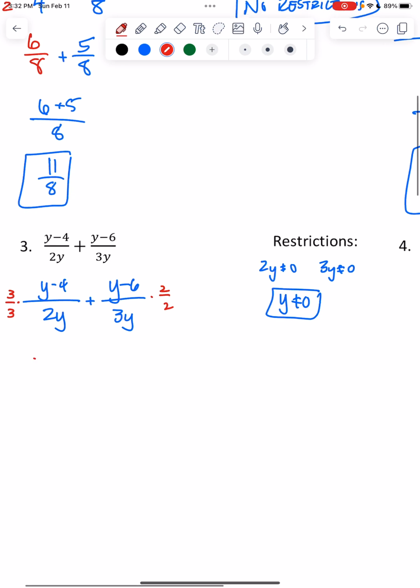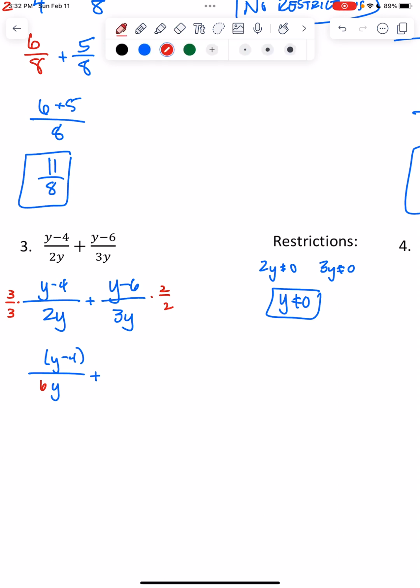So that's going to give us 3 times y minus 4 over 6y. My bad, that should be a 3, not a 2.